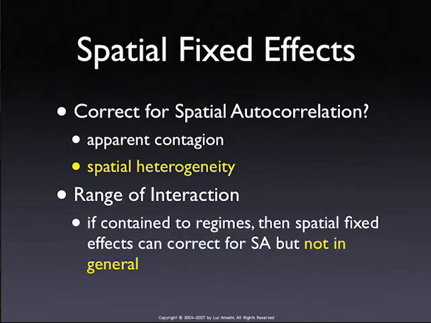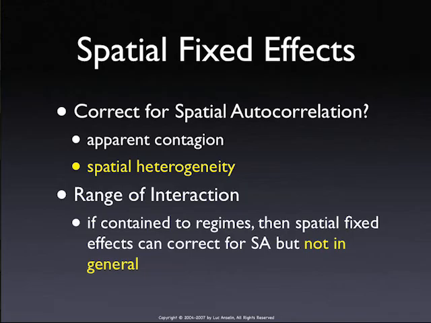Now, if there's spillover between firms in different states, this will not take care of the spatial autocorrelation. If the correlation is due to what I call apparent contagion, which is really heterogeneity, so it's a state-specific effect, then the fixed effect will take care of what looks like spatial autocorrelation.